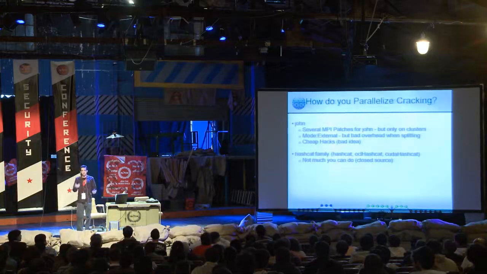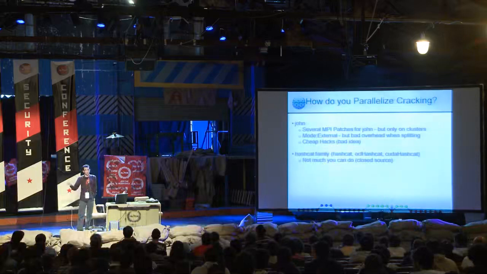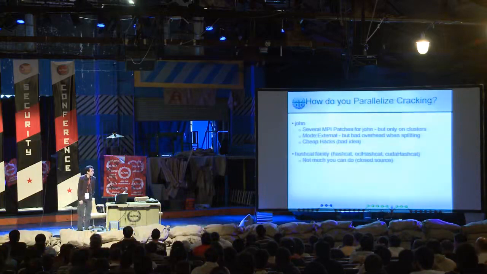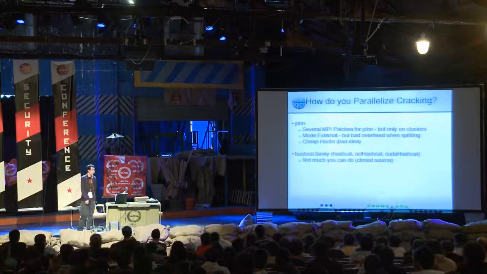But all it does is skip passwords. So the first computer will take the first, the second, third, fourth, fifth. This has a lot of overhead when you run it on 400 computers. And you can't add computers in. Hashcat is closed source. It's very, very fast, but you can't really modify it in any way.